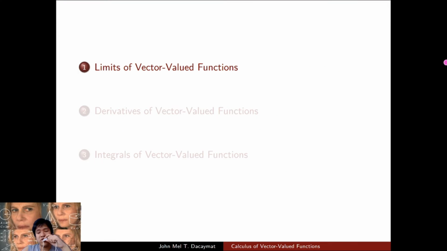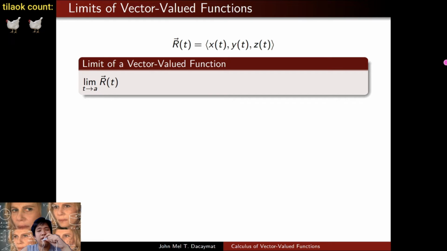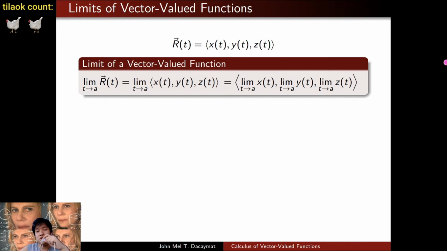Limits. As we said in the lecture video, the limit of a vector valued function is a vector whose components are the limits of each component. You could think of it as distributing the limit to each component of your vector valued function.